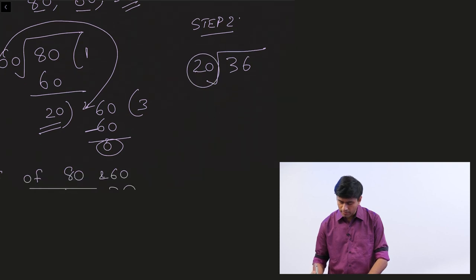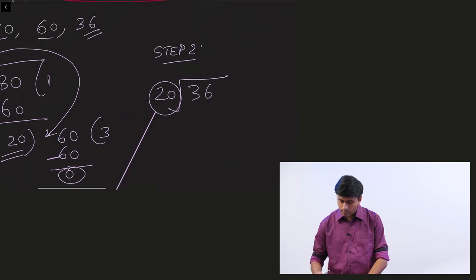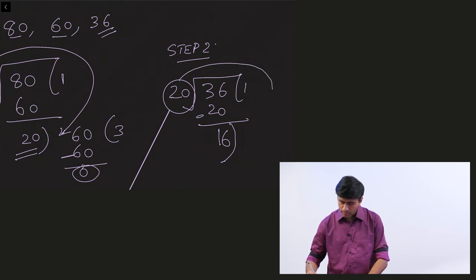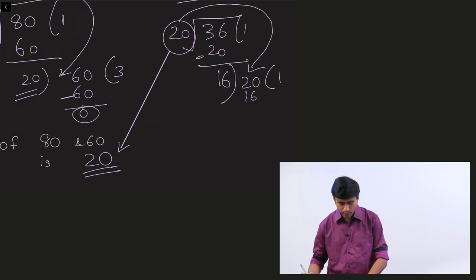This is the HCF that we found earlier. 20 ones are 20, minus 16. The remainder becomes the divisor. The divisor becomes the dividend. 20 comes here. 16 ones are 16, minus 4.